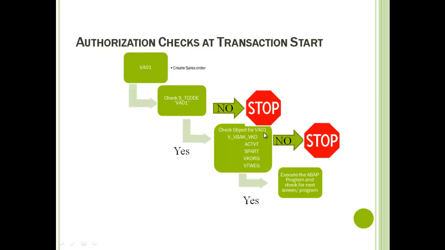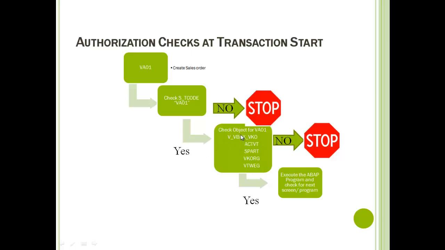Then it will check VA01, what is inside VA01, what is additionally required to run VA01. That is, for example, an authorization object. There are many authorization objects; we took only one example, V_VBAK_VKO. Under this authorization object you have many fields and field values.